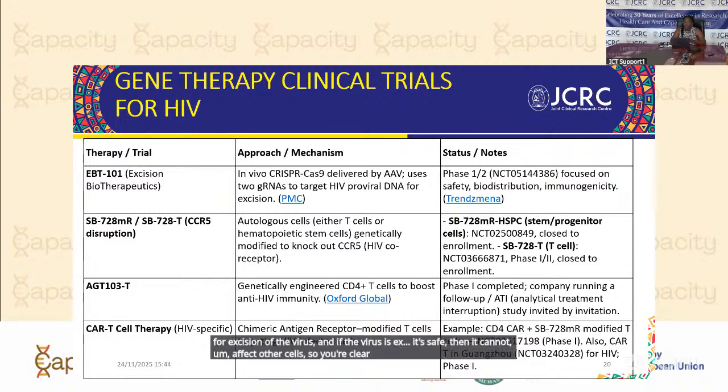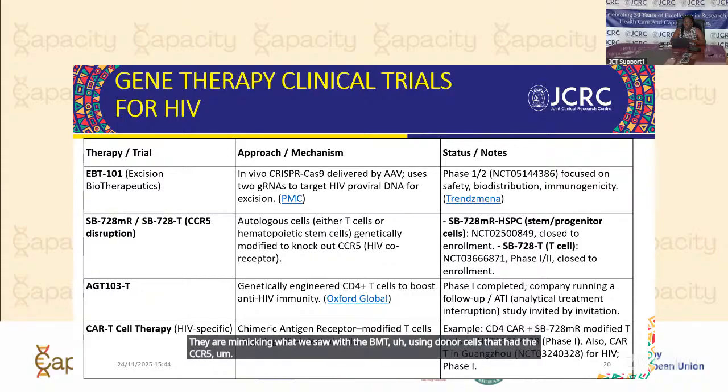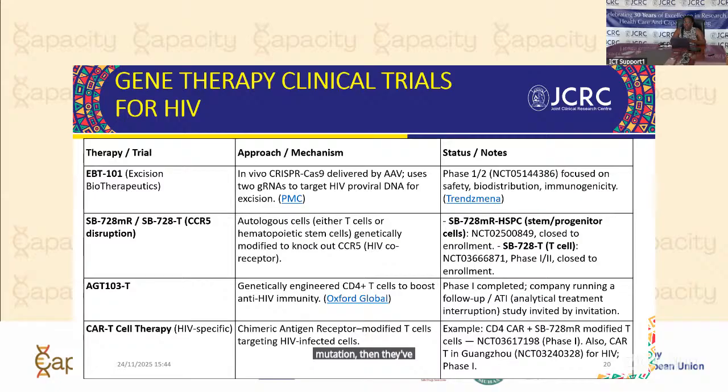Then they've also looked at knocking out the CCR5 receptor. There they are mimicking what we saw with the BMT using donor cells that had the CCR5 mutation. Then they've also looked at boosting CD4 T cells in order to have a more robust anti-HIV immune response.